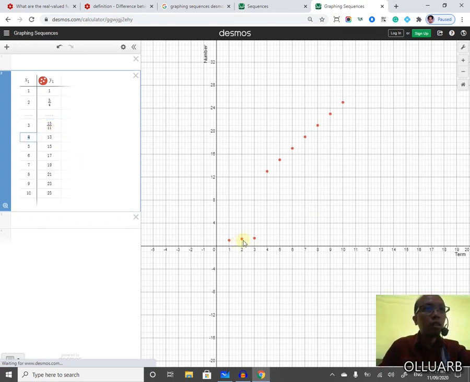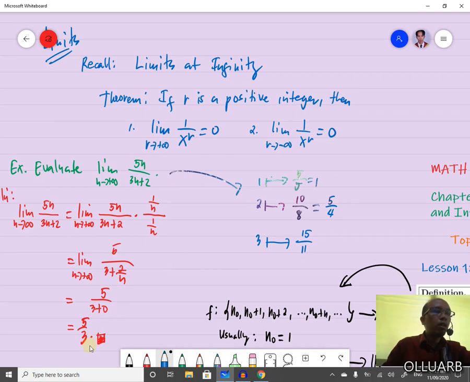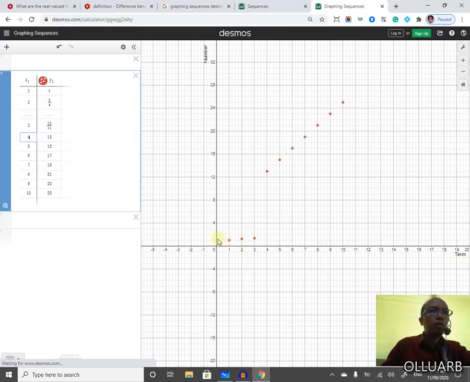Okay, so as you can see here, forget about these points here. These points approach what is the limit? 5 over 3. What is the value of 5 over 3? Check your calculator.